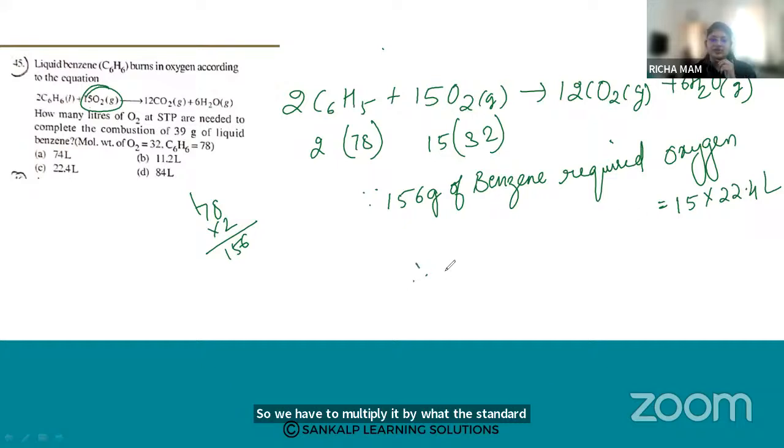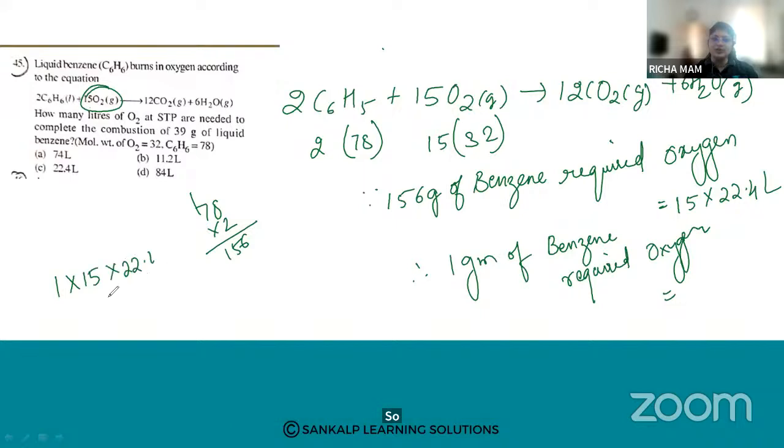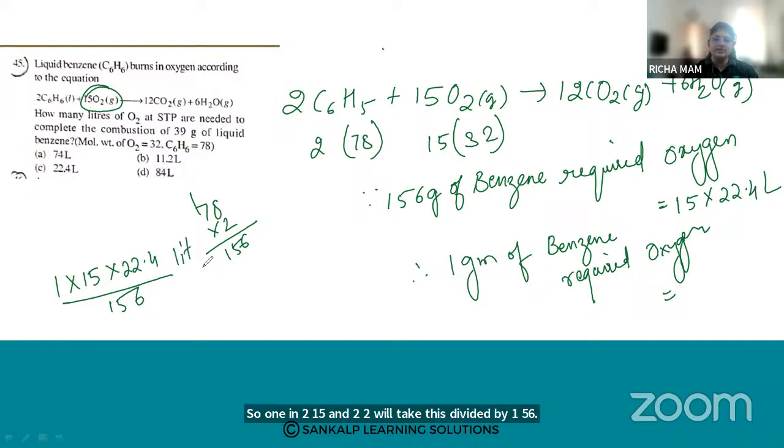Therefore, for 1 gram of benzene, the oxygen required: for 156 it is 15 into 22.4, so for 1 gram, 1 into 15 into 22.4 divided by 156 liters.